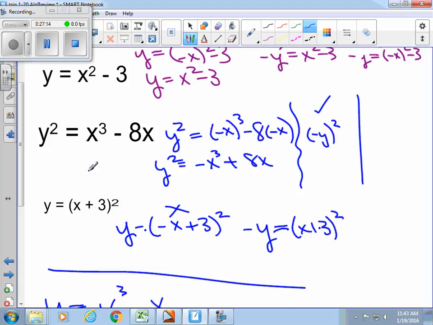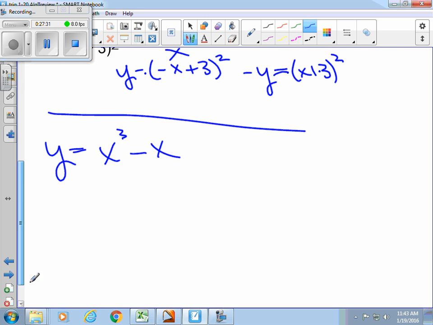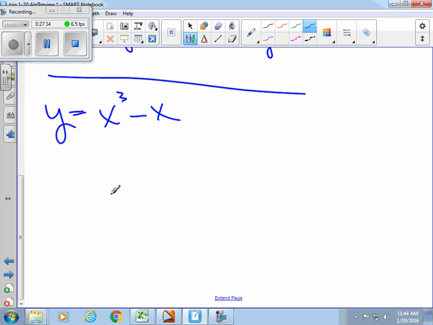The powers are odd, but y squared makes a sideways parabola type thing, so you get a top portion and a bottom portion. So it's not a function at all, so it can't be odd, and that's why it kind of throws that out of the conversation there.